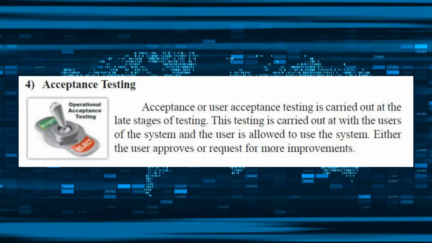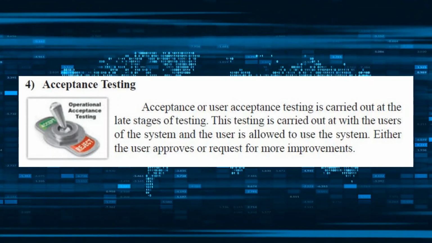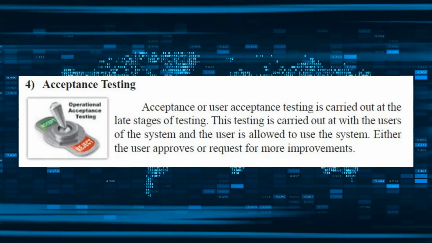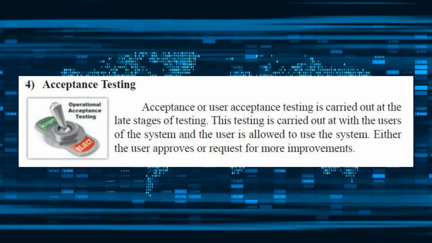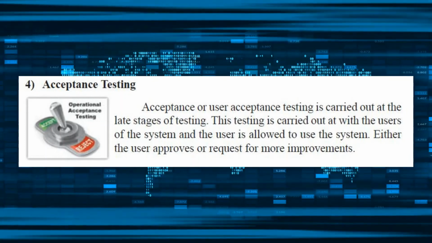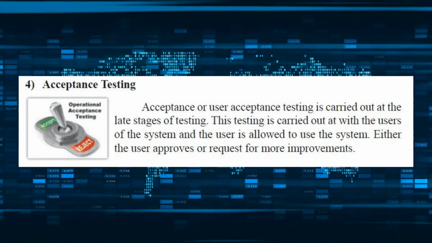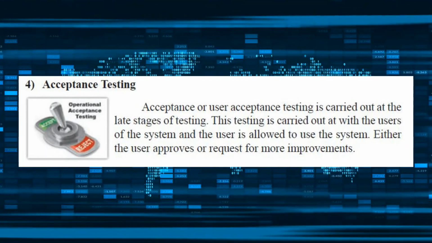Acceptance or user acceptance testing is carried out at the late stages of testing. This testing is carried out with the users of the system, and the user is allowed to use the system. Either the user approves or requests for more improvements at acceptance testing.